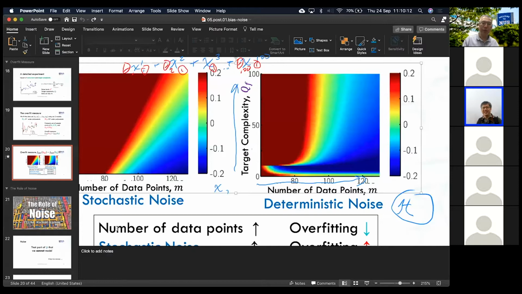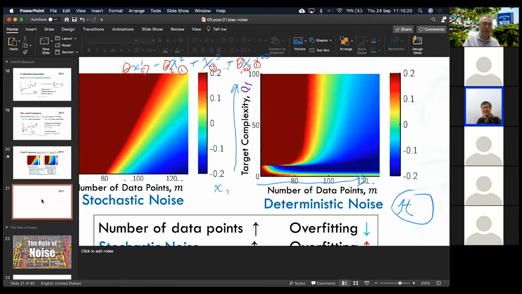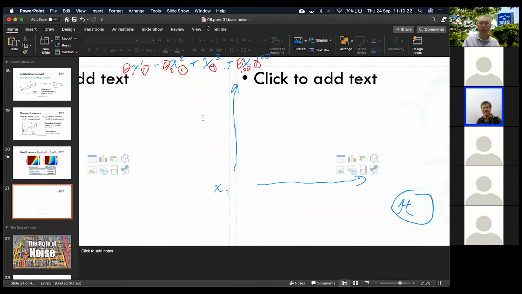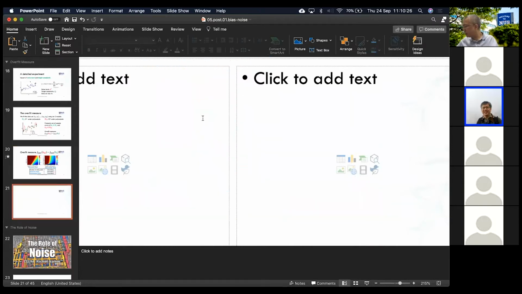If you remember the sine curve that we drew before, let's see whether we can get an extra slide for that. Okay, let me delete my annotation. If we have a function that has some points, these are the points sampled from our data set.